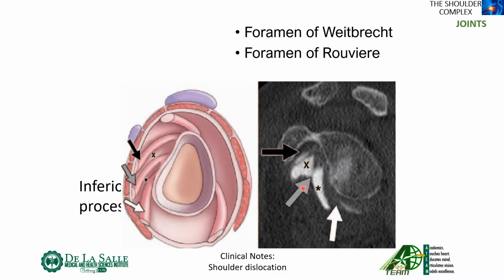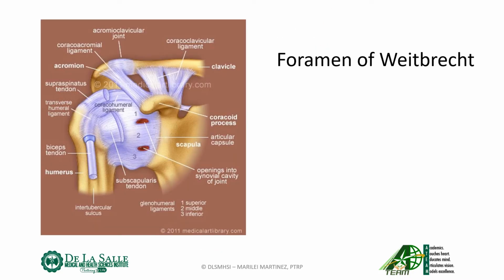The gray arrow is the middle GH ligament. Then another opening, the foramen of Rovere, and the one in the white arrow is the inferior glenohumeral ligament. Specifically, the foramen of Whitebread is the area where the head of the humerus is more prone to dislocation.